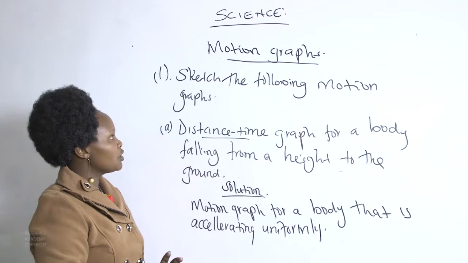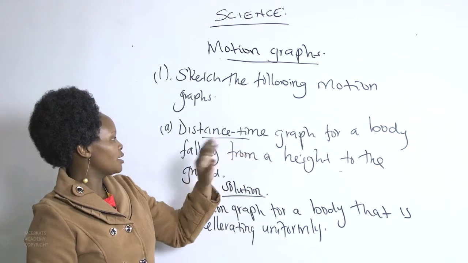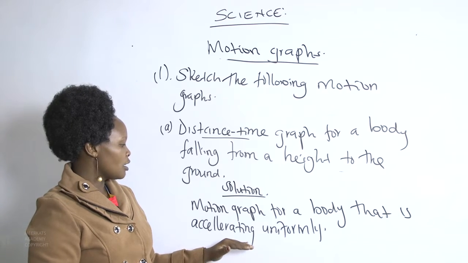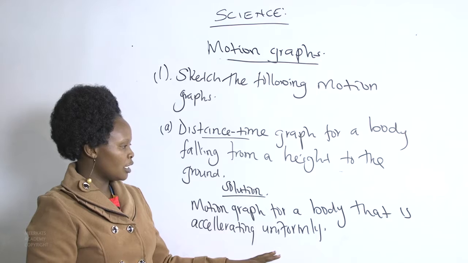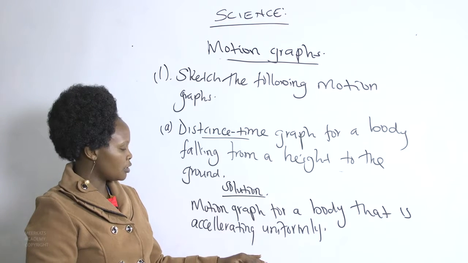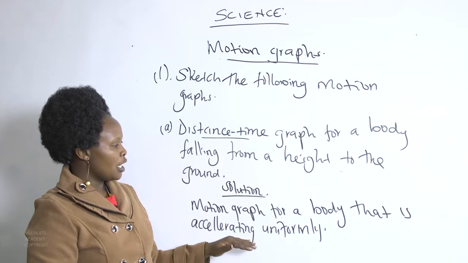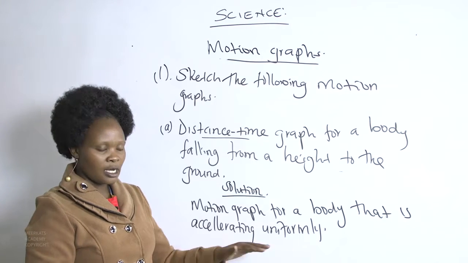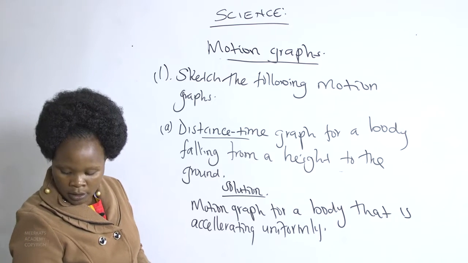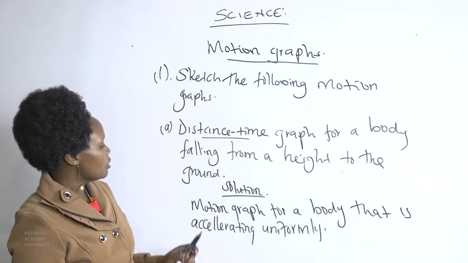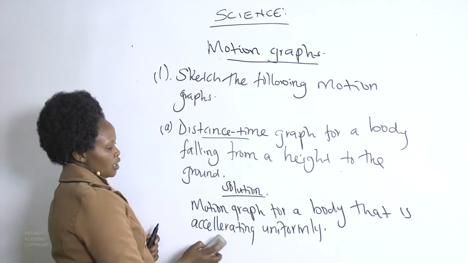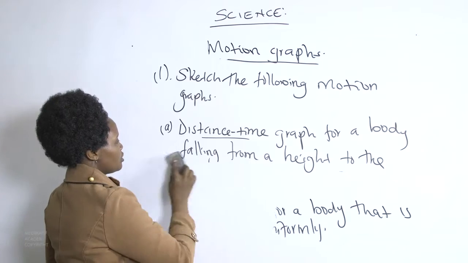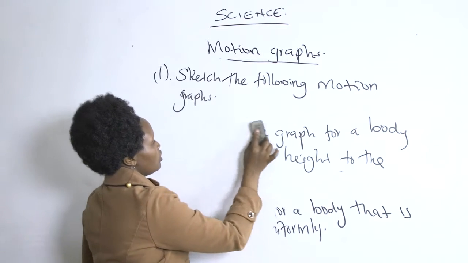That when a body falls from a height to the ground, the force of gravity has an effect on that body, and therefore it is going to accelerate at a constant rate, and we can only end up with a graph of a body that is accelerating uniformly. Let us try and sketch that.